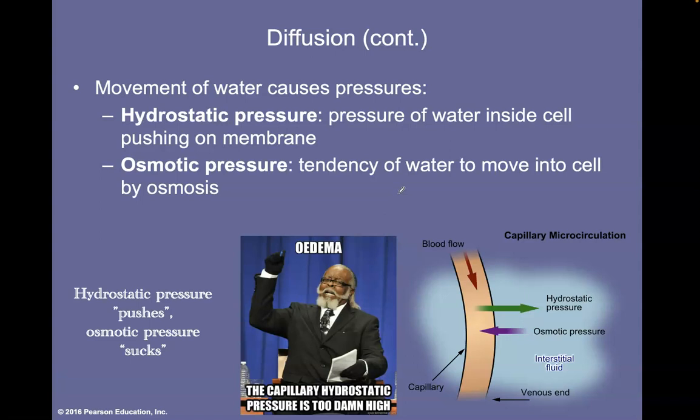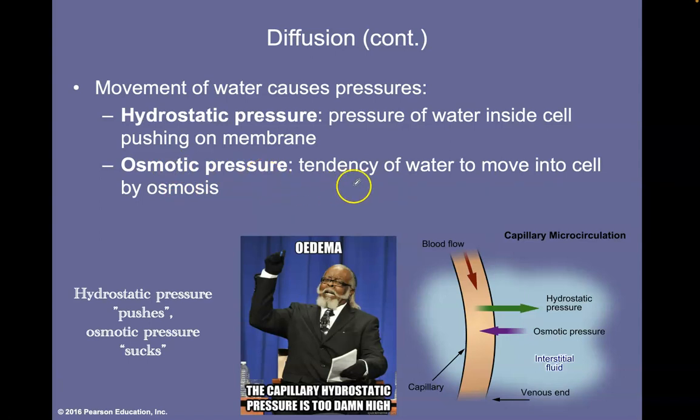So hydrostatic pressure is simply the pressure of water inside something that's contained, pushing on that. So either pushing out to get out of the hose, or, as we use it mostly, inside the cells, pushing on the outside of the cell. The actual simple pressure of the water molecules inside that cell.